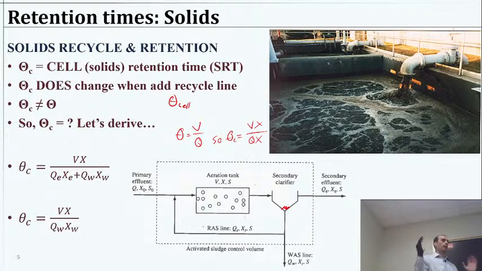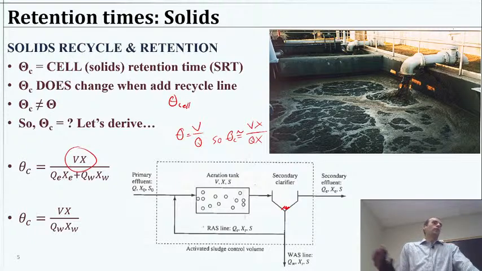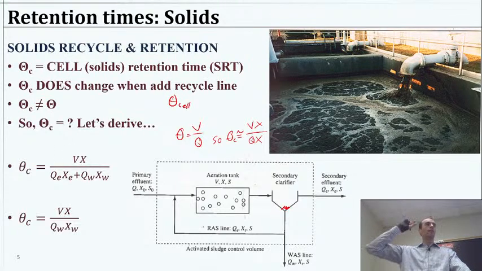But then we recognize that we have a couple different flow rates leaving, so we actually have to account for that. So when we take a look, we'll say theta C is V times X, right? It's that stuff that's there, divided by, so it's a V over Q form, but with X accordingly to whatever is in that component.